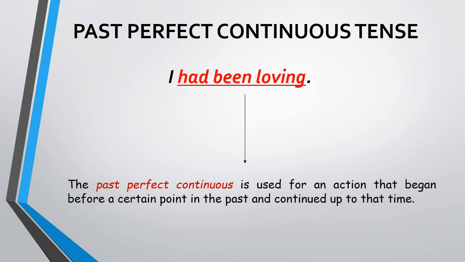The past perfect continuous is used for an action that began before a certain point in the past and continued up to that time. A very simple example that I have for you is: when the inspecting officer came to our school in 1996, my math teacher, Mr. Pathak, had already been teaching there for 5 years.